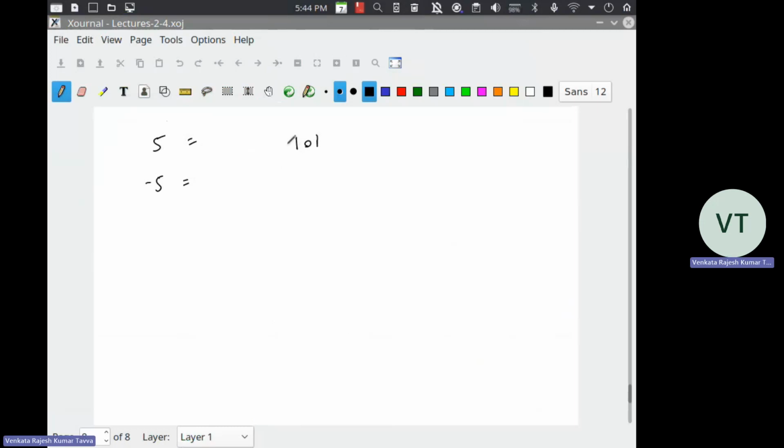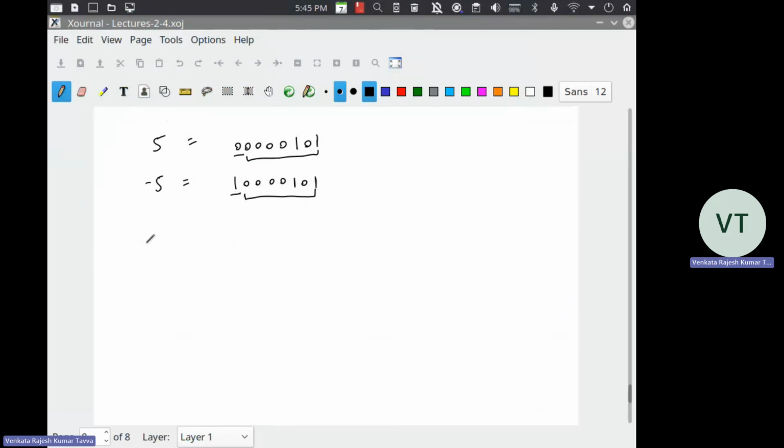It requires only 3 bits, but if you are taking an 8-bit representation, it requires 5 zeros. So this will be plus 5. In signed magnitude representation, minus 5 will be 1 followed by 4 zeros and then 101. This bit indicates the sign, positive or negative, and the rest indicates the magnitude.